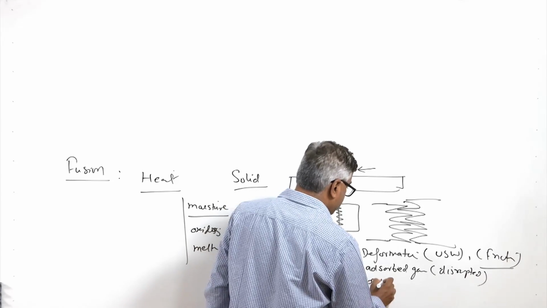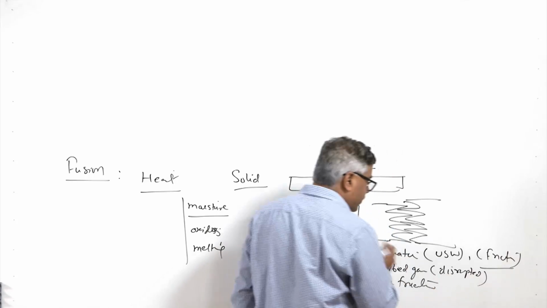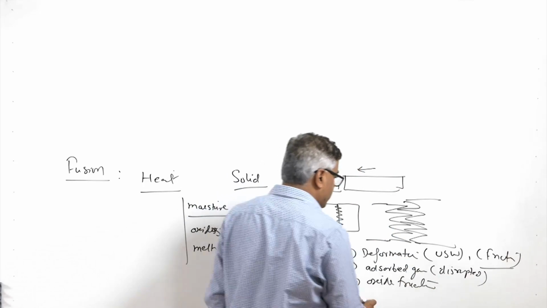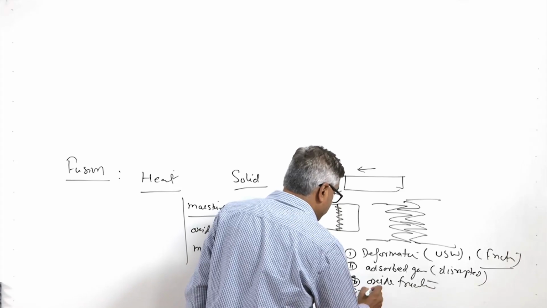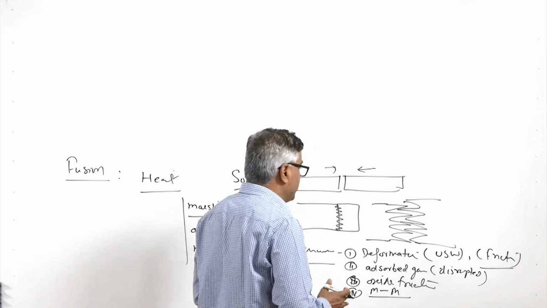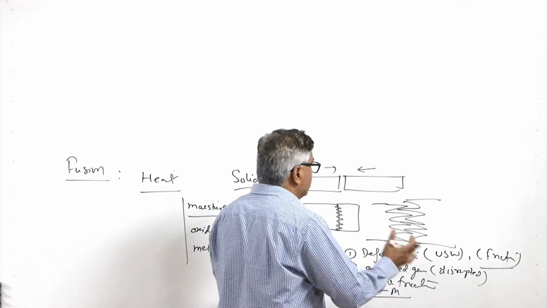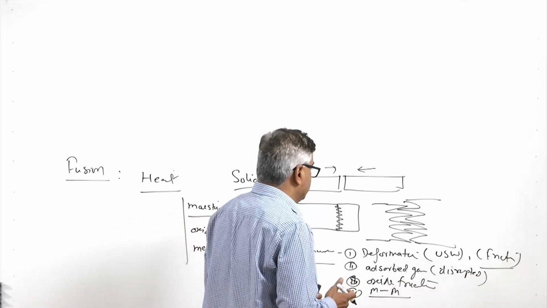Oxides are fractured due to the micro level deformation which will be occurring at the surface. So, all these things will be increasing the metal to metal contact between the components to be joined, and once it is there, then we will have the metallurgical continuity.